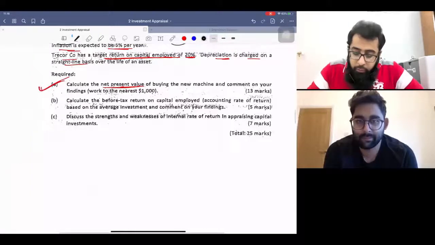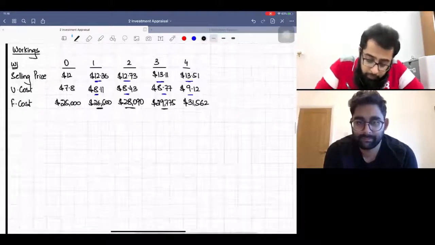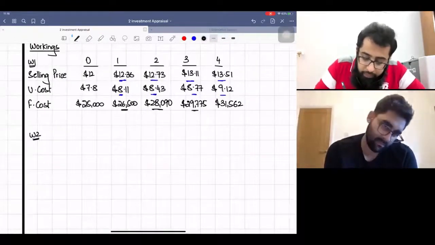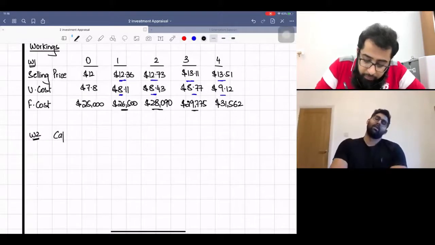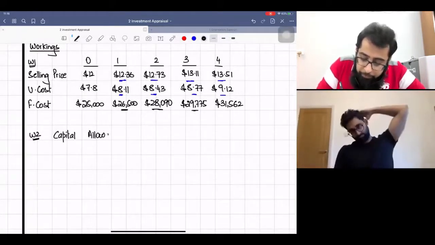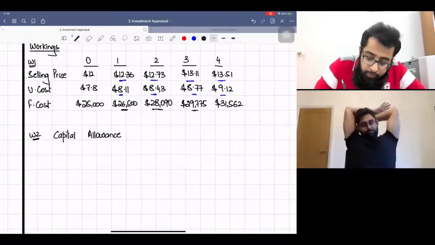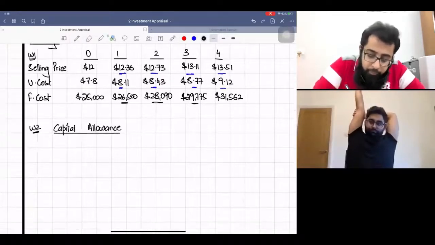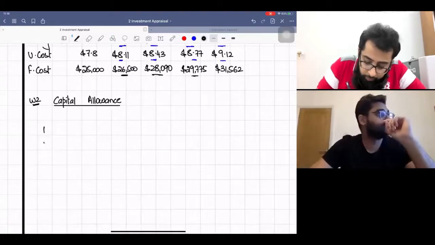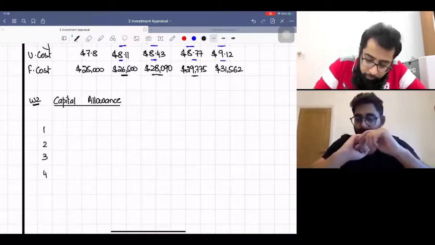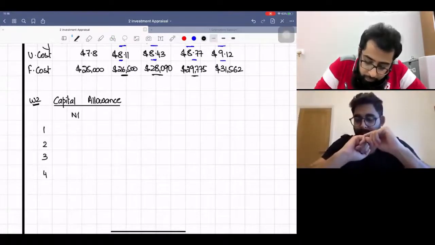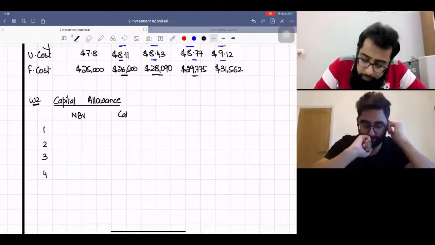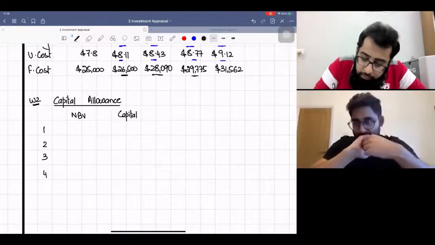So for calculation of capital allowance, they have given 25% reducing balance basis. Year 1, year 2, year 3, and year 4, net book value, and then you will get the capital allowance.